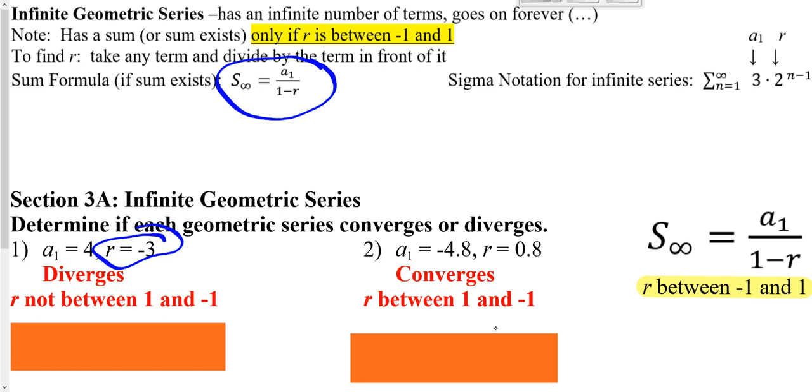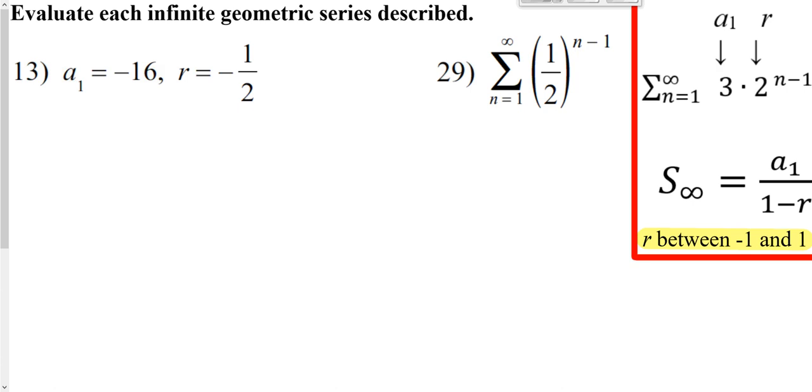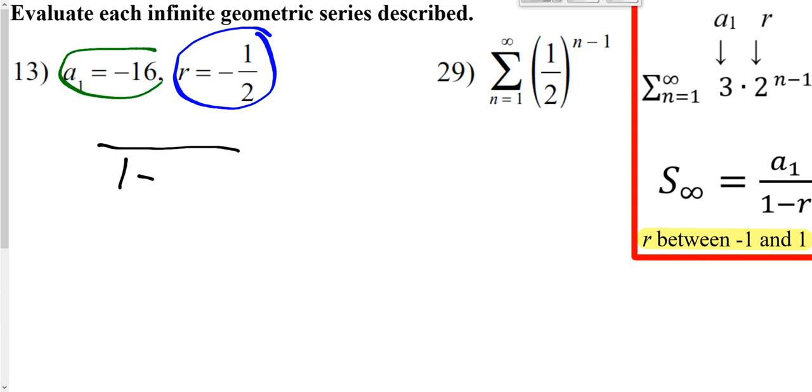So if we need to actually find the sum of our infinite geometric series, we can use that formula over here on the right. R has to be between 1 and -1, which you'll notice it is here. So we can just plug that into our formula. We have our first term, according to our formula, over 1 minus r.